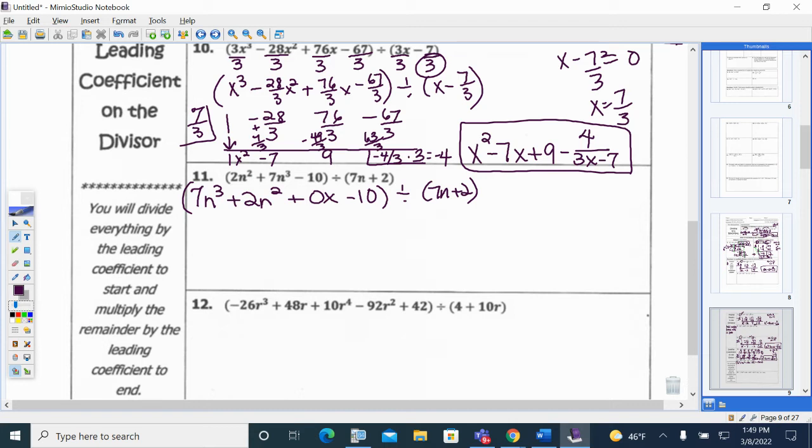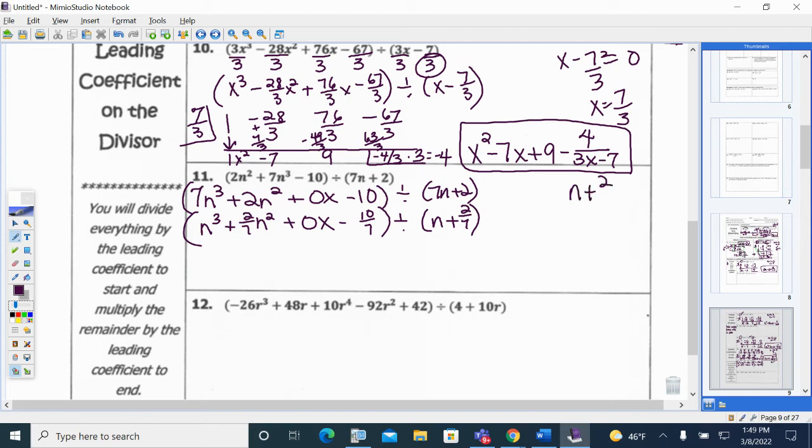So 7n cubed divided by 7 is just n cubed. 2 divided by 7 is going to stay 2/7 n squared. 0 divided by 7 is still 0. 10 divided by 7 is 10/7. And that's being divided by 7n divided by 7 is n, plus 2 divided by 7 is 2/7.